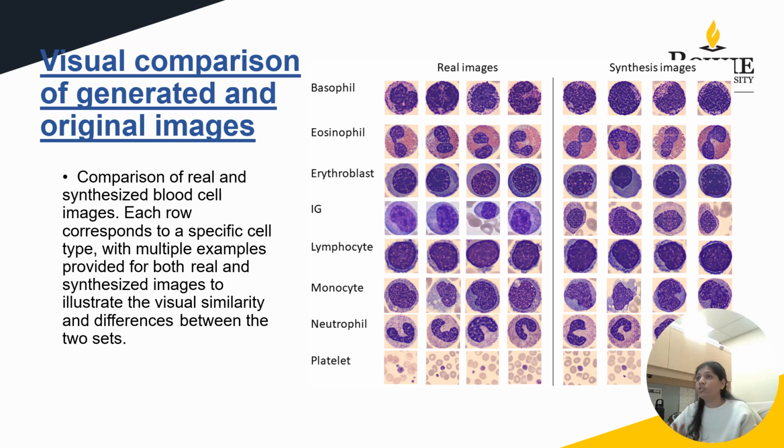Then this is the visual comparison of generated and original images. The left side are the real images and the right side are the fake images, which are known as synthesized images.